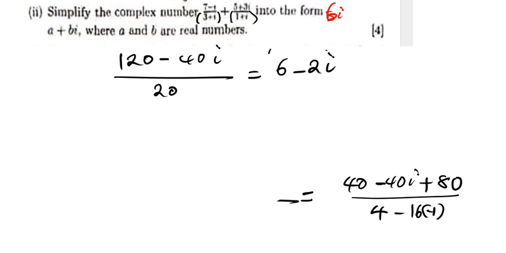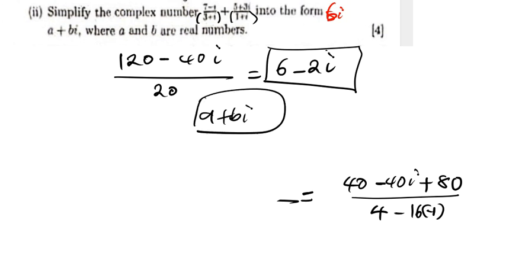Now we have expressed this in the form a plus bi. We can clearly see that a is 6, b is negative 2. So this is the answer for this question, as simple as that. So that is it for this part.